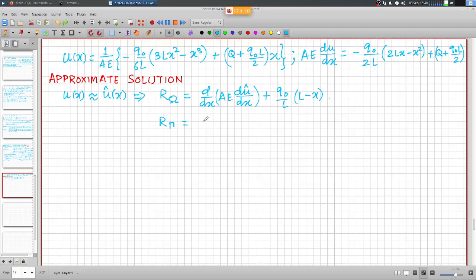I can write this as u hat(x) delta x plus ae. So this is the boundary residual.